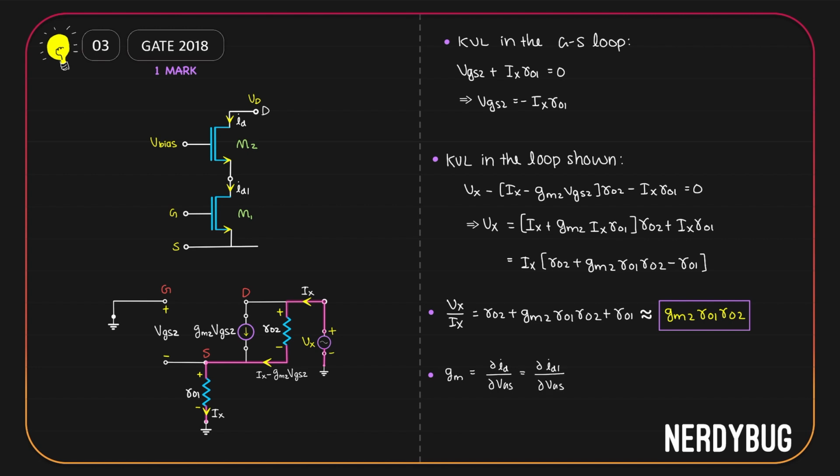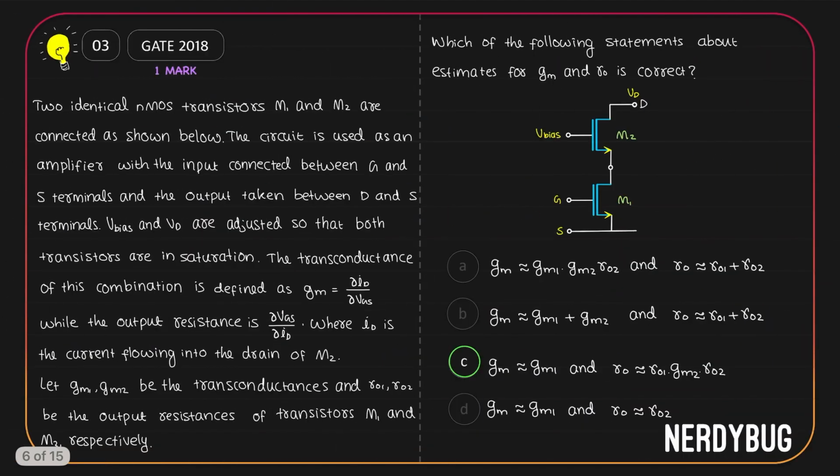Now, VGS is the gate source voltage of M1, and ID1 is the drain current of M1. So when you take the partial derivative of ID1 with respect to VGS, you are actually getting the transconductance of M1. So the transconductance of the entire circuit gm is actually equal to gm1. So the correct option is option C.